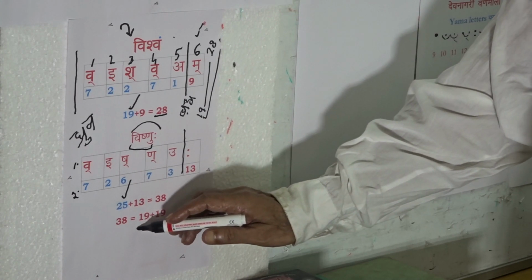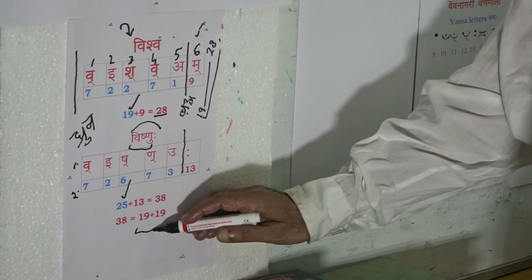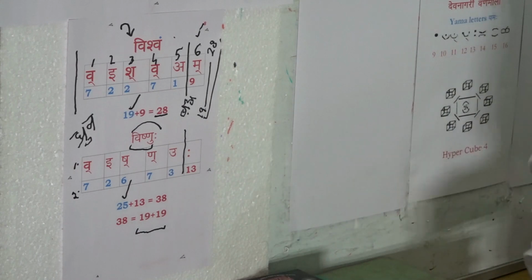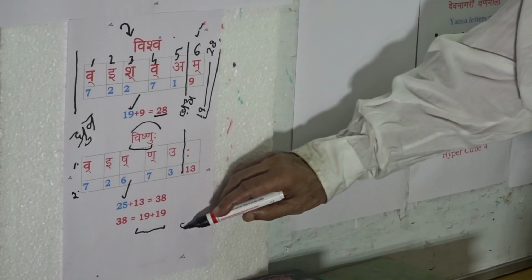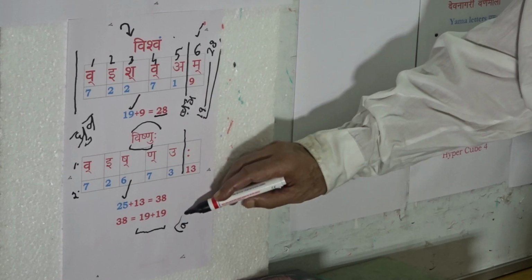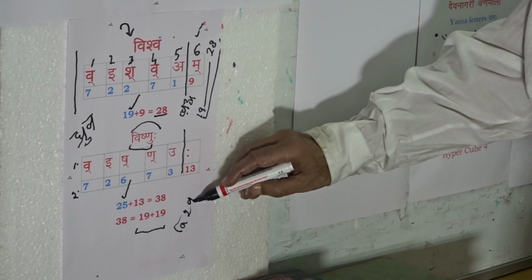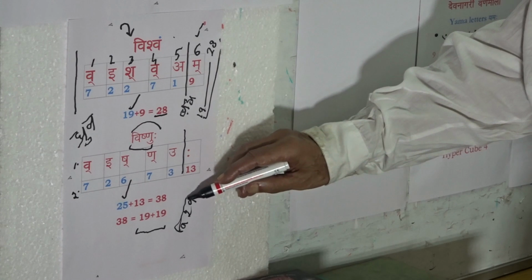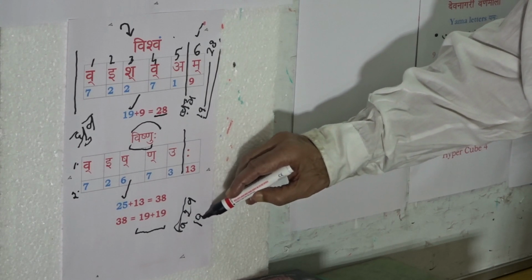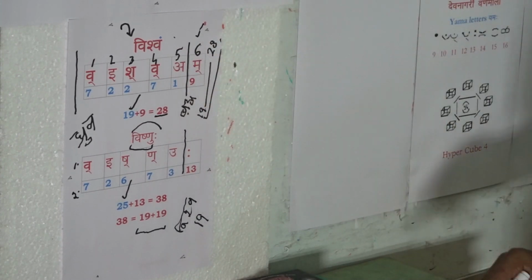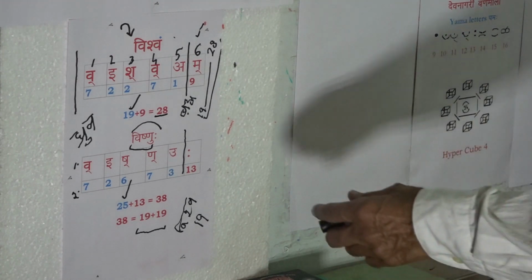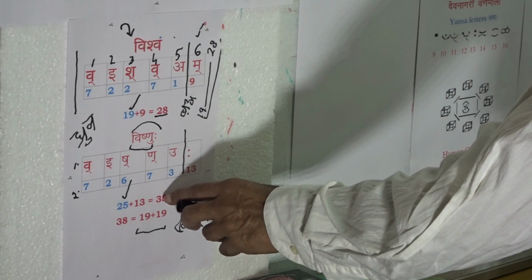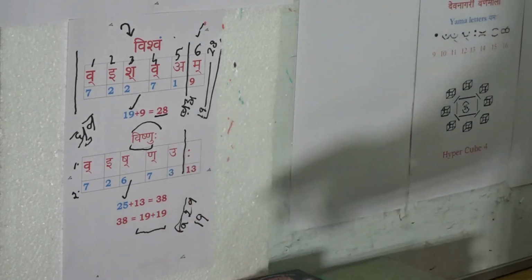We shall have a pause here and take note that value 38 is equal to 19 plus 19. So the formulation Vishwa, which is of TC value 19, and the reach at the second formulation Vishnu in its composition form takes us to value 38, which is 19 plus 19.